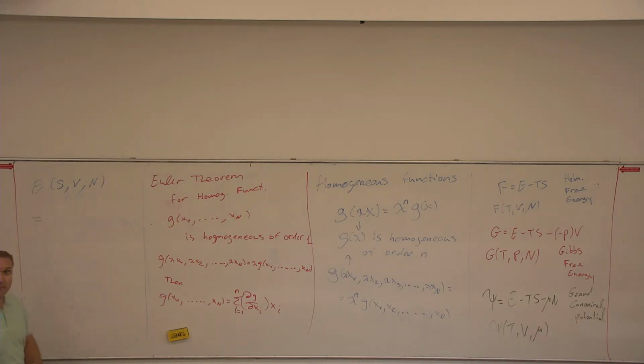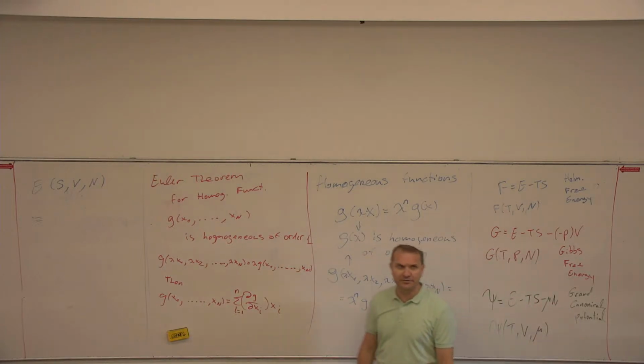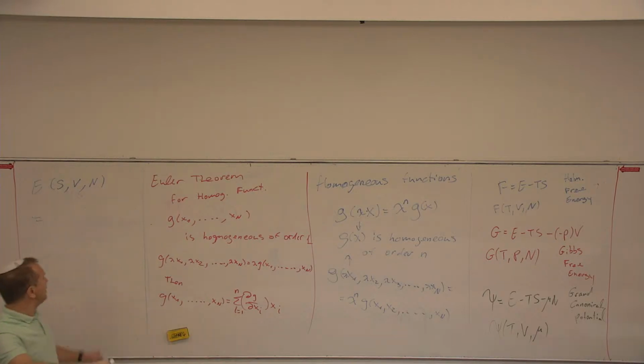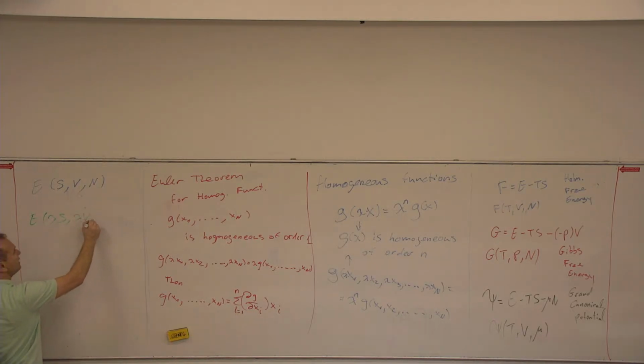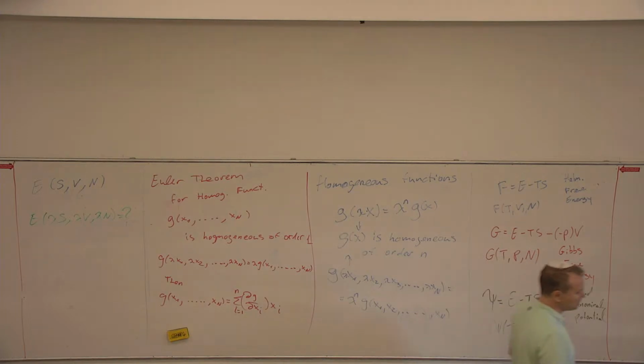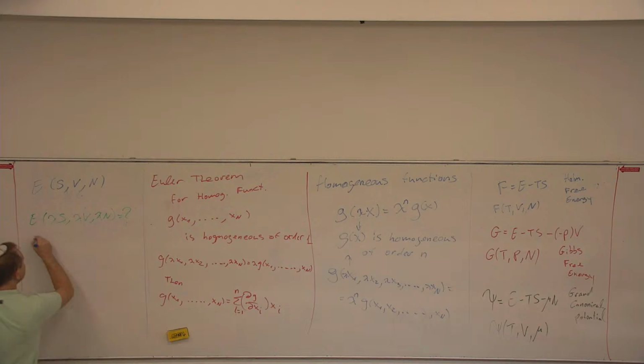Let's assume that I increase my system by a factor of lambda. Since I increased my system by a factor of lambda, the entropy is extensive, so it's also increased by a factor of lambda. So what happens to E of lambda S, lambda V, and lambda N? That's the question. Is it homogeneous? Is it not homogeneous? Now look at the differential. The differential dE equals what?